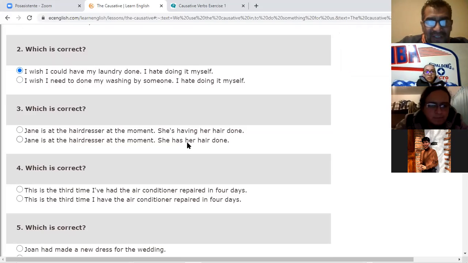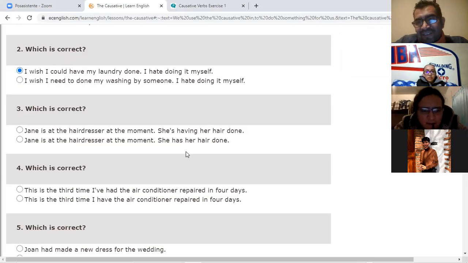Number three, which is correct? Jane is at the hairdresser at the moment. She's having her hair done. Or Jane is at the hairdresser at the moment. She has her hair done. The first or the second? Second. Okay, Altair says the second. Andres, which one do you think is the correct one? Second. The second too?